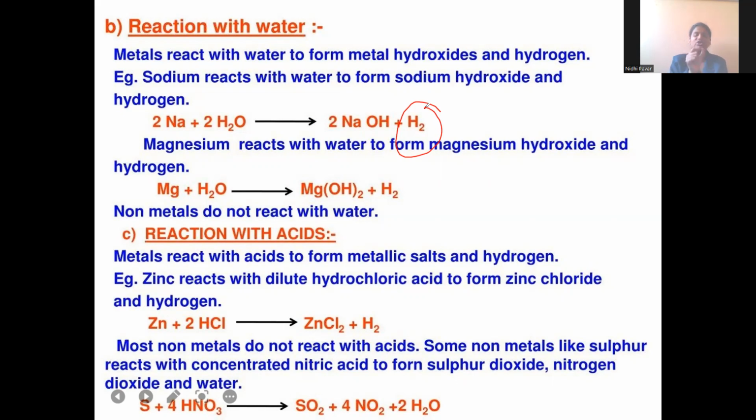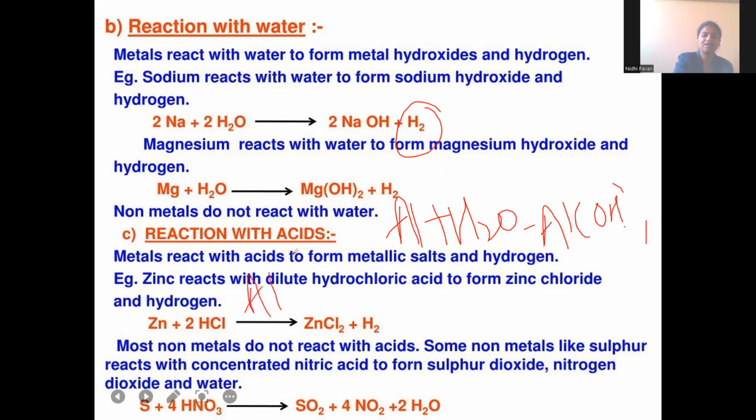Similarly, when magnesium reacts with water, we get magnesium hydroxide with hydrogen. Similarly, when aluminium reacts with water, we will get aluminium hydroxide, Al(OH)3, along with the liberation of hydrogen.